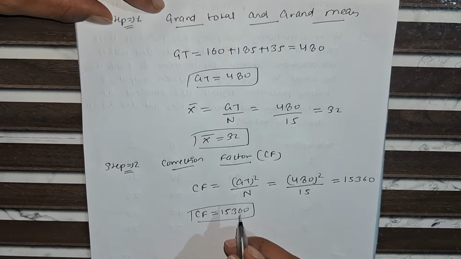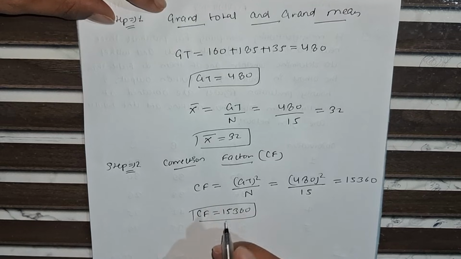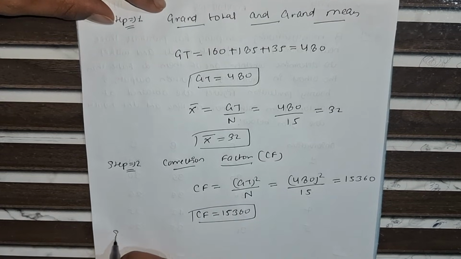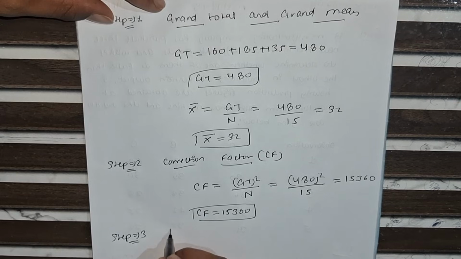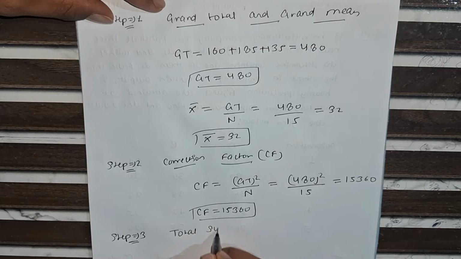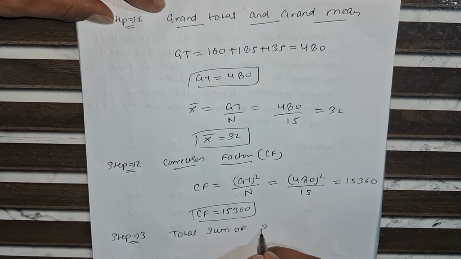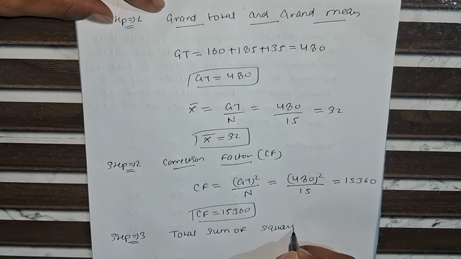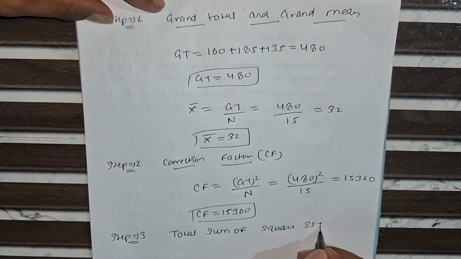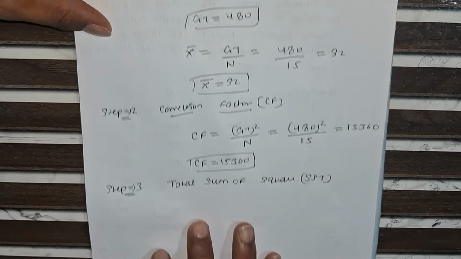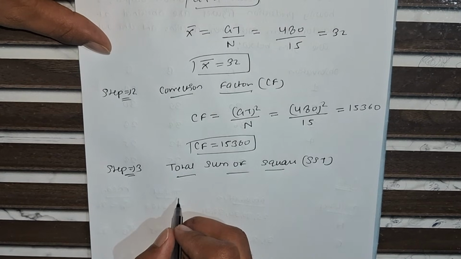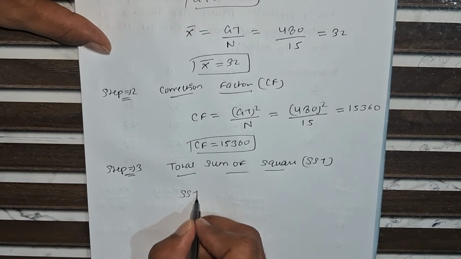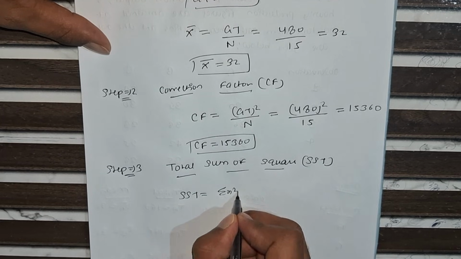Now move to our third step, which is total sum of square. So our step 3, where we are finding total sum of square, which can be represented as SST. What is the formula to find the SST, which is SST equals to summation of x square minus CF.